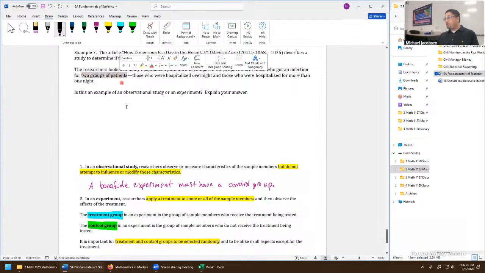And again, just because you found two groups does not mean it's automatically an experiment.